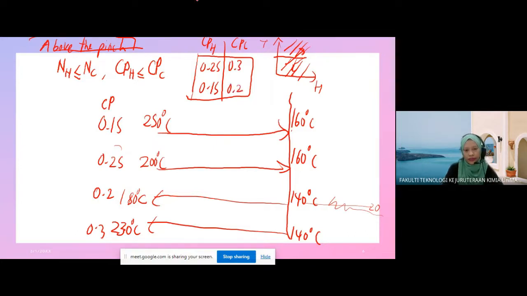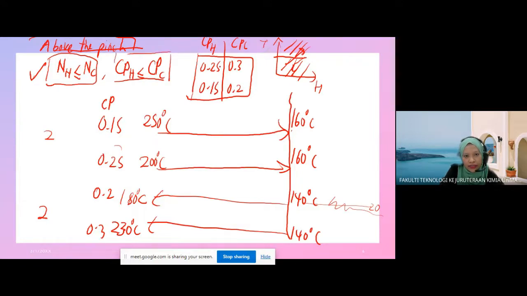You need to arrange in descending order first. Looking at these rules, the number of hot streams equals 2 and cold streams equals 2, so both are equivalent. So this rule is fulfilled.